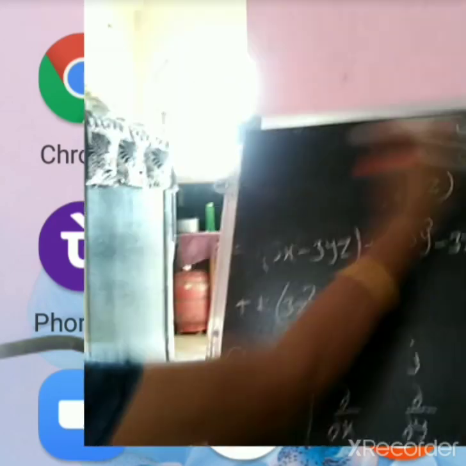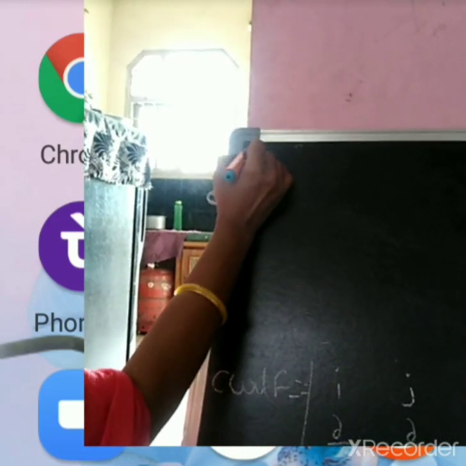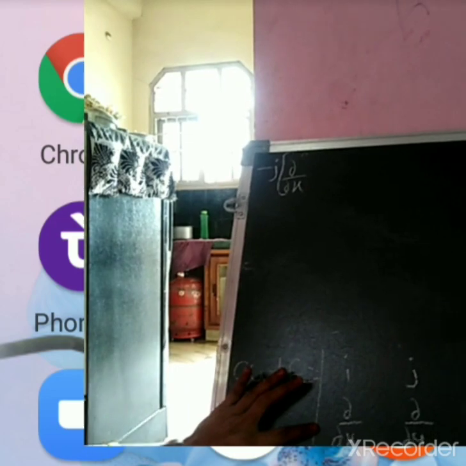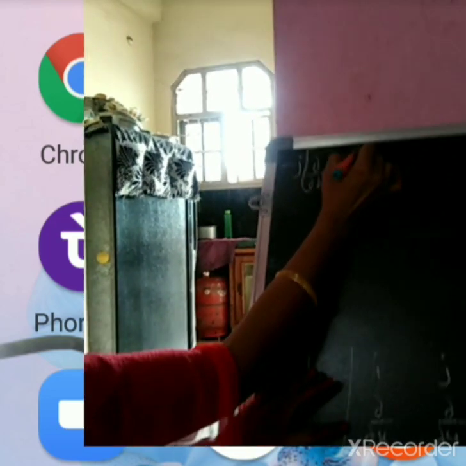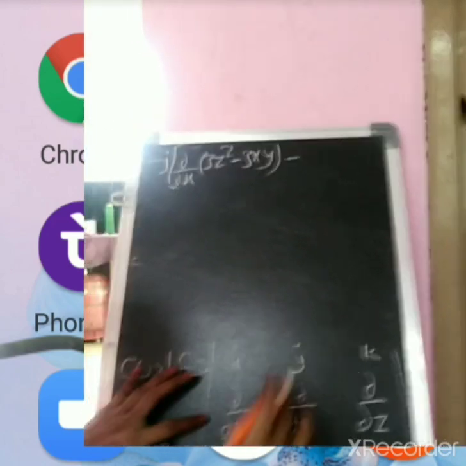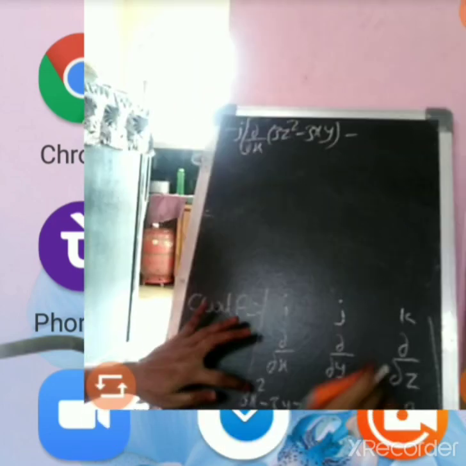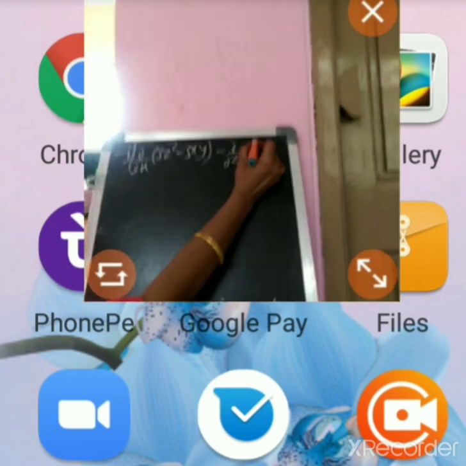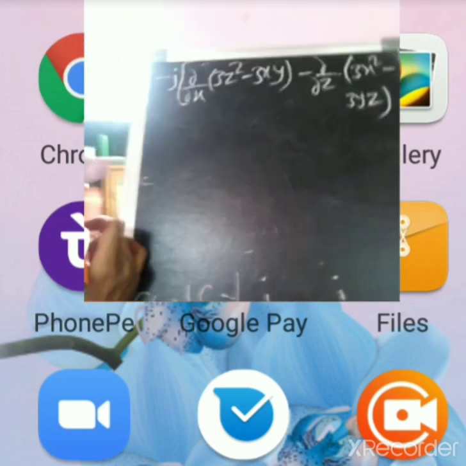Next minus j into ∂/∂x of 3z square minus 3xy, minus ∂/∂z of 3x square minus 3yz. This is the j term.